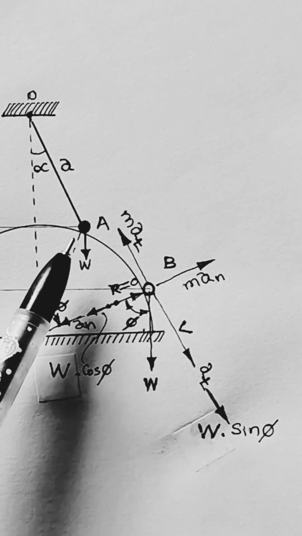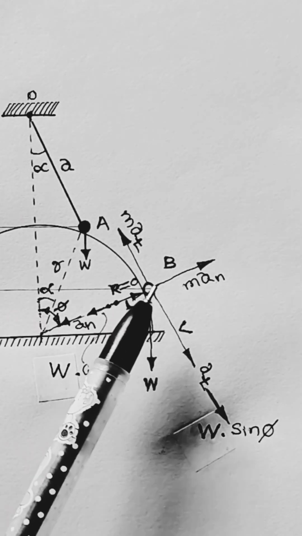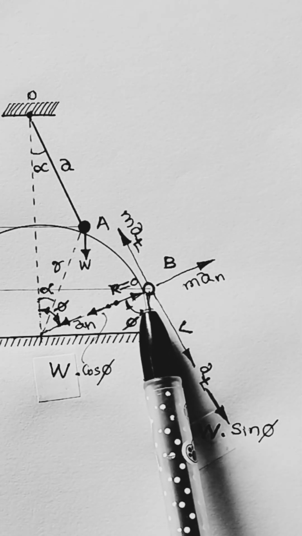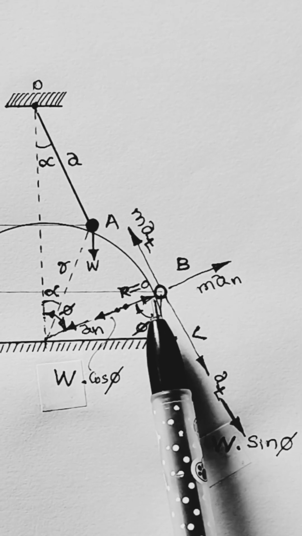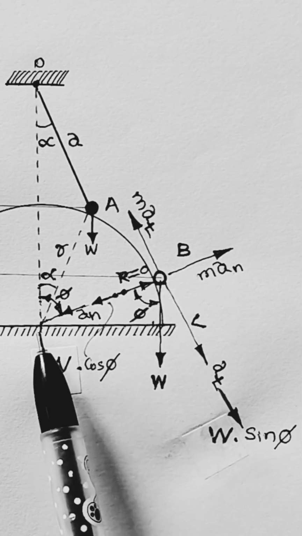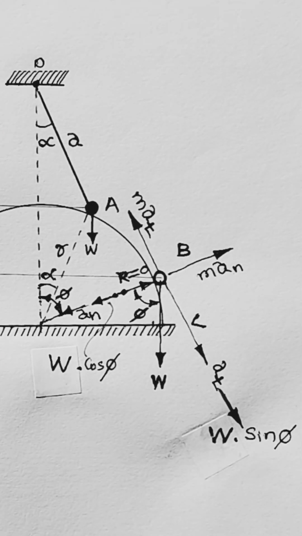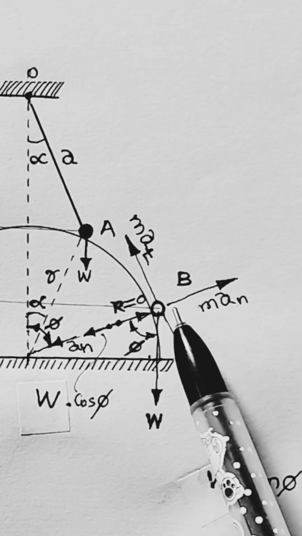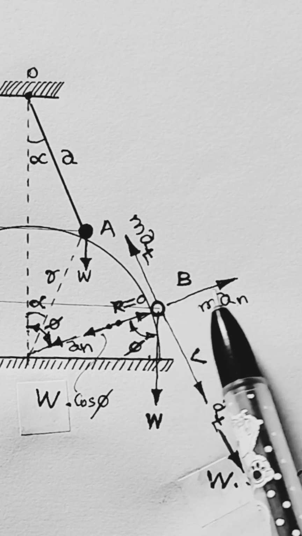While the particle is moving from A to B in curvilinear motion, at point B, normal acceleration takes place towards the center of the cylindrical surface. Opposite to the normal acceleration direction, inertia force will be generated in this direction.